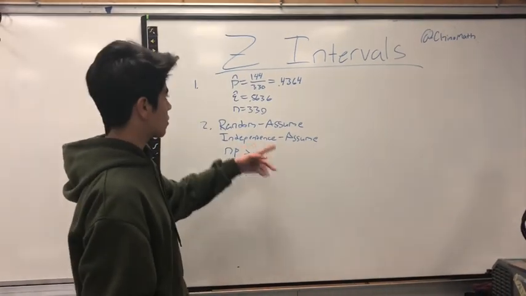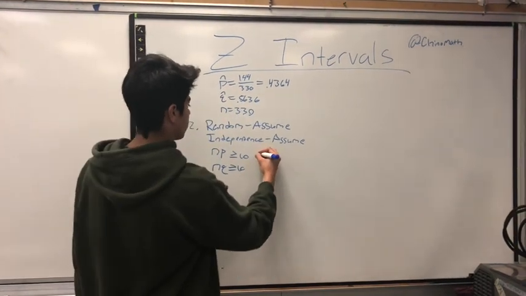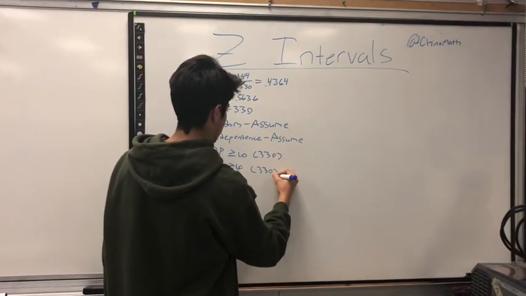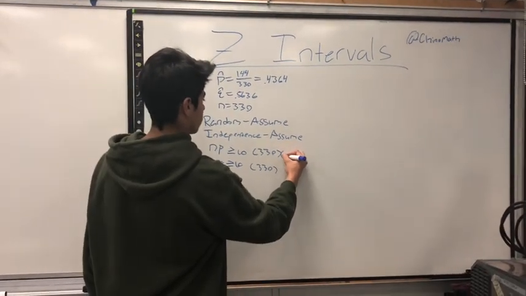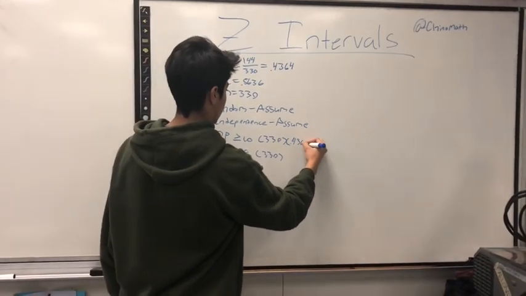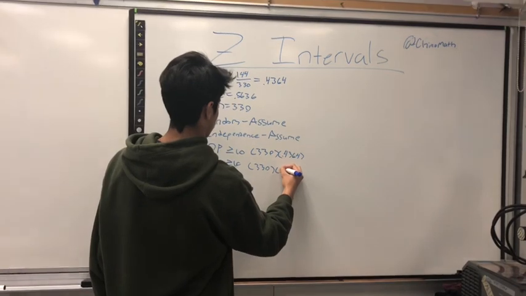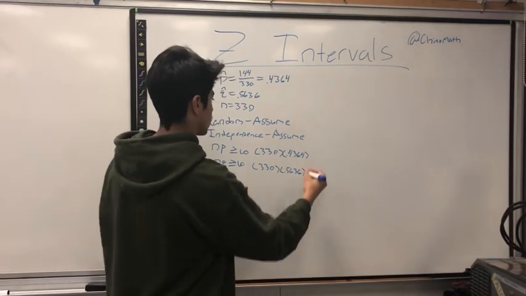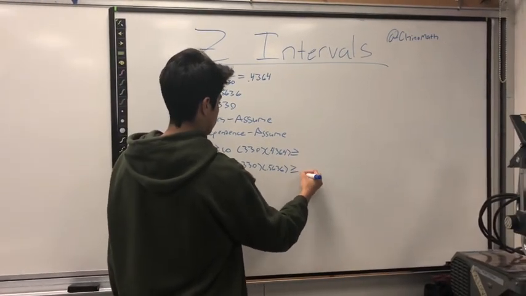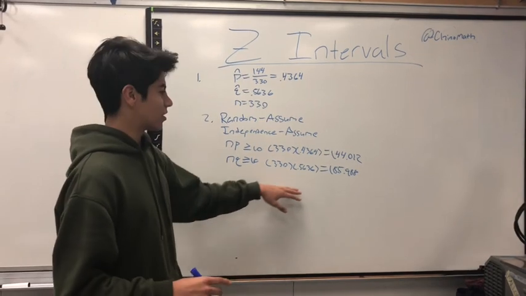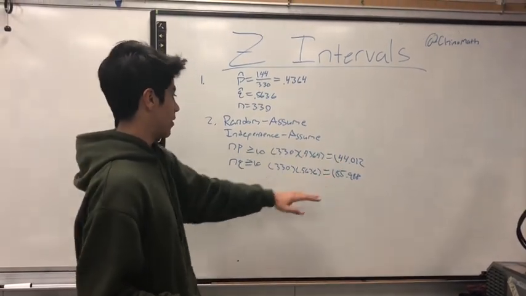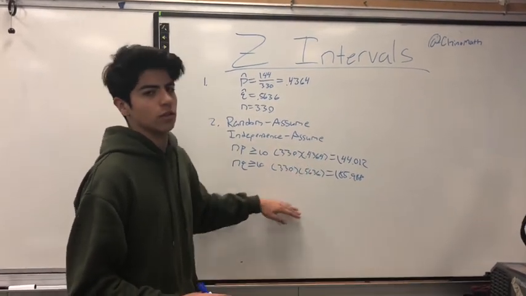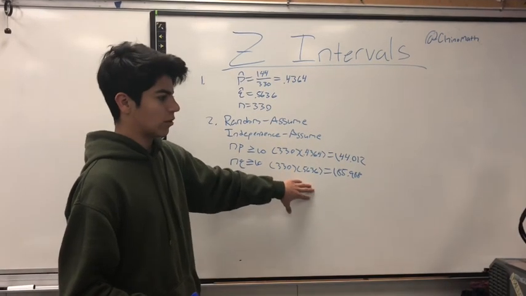In this case we would show our n, which is 330, times our p hat, is greater than 10. With our success and failure conditions, we see that we very greatly exceeded 10, and we could have known this before writing all this math out, but you do have to show that it works.